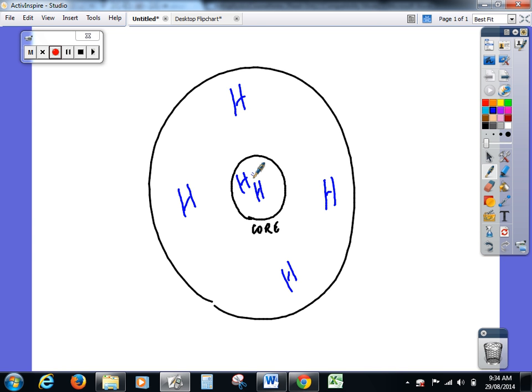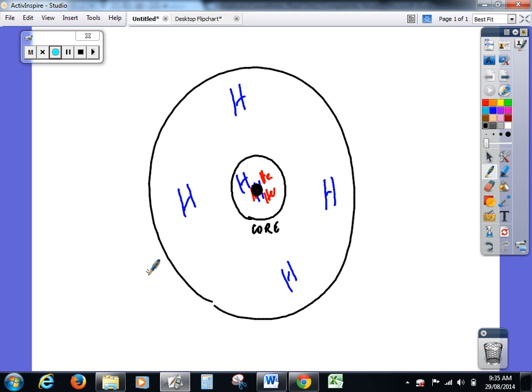Now, once hydrogen is fused, it gets into a waste product called helium. So helium is formed. Now, helium has four particles rather than just one particle, so it's heavier. And under its own gravity, it makes its way into the centre of the core. So we get a core made up of helium.